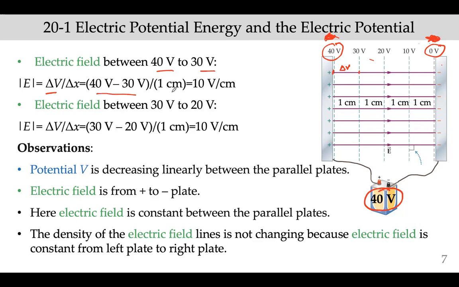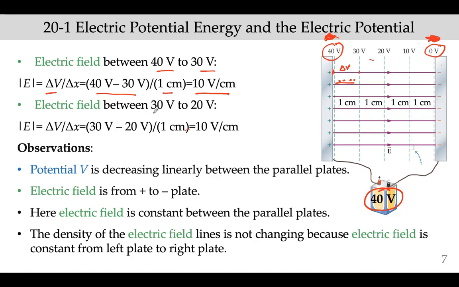So the potential difference is 40 minus 30, the distance is 1 centimeter, and if you do the division, you will find the electric field strength is 10 volts per centimeter. You can convert centimeters to meters if you want, or you can just leave it like this.